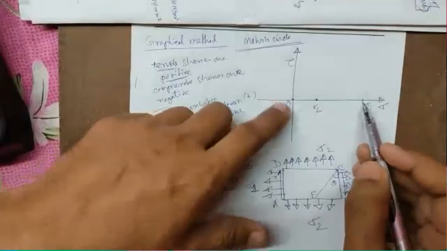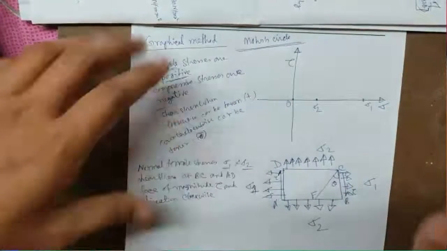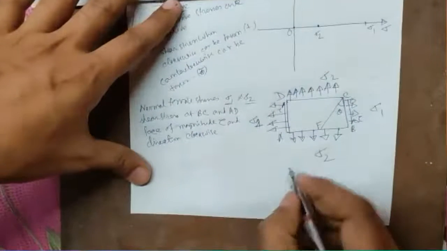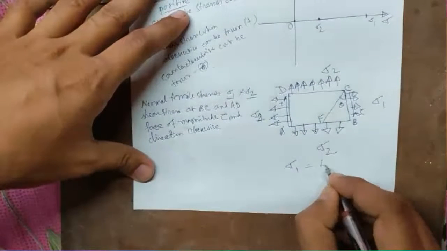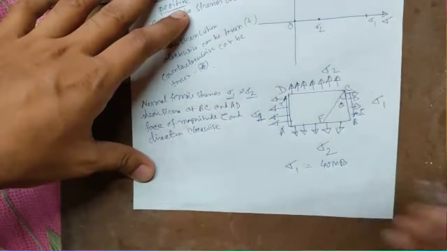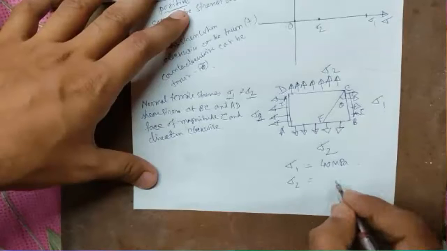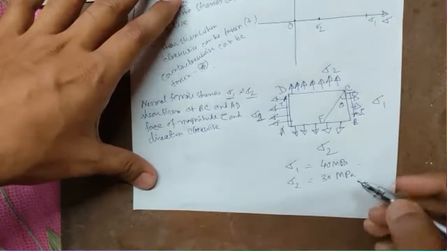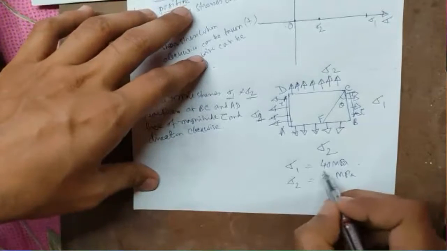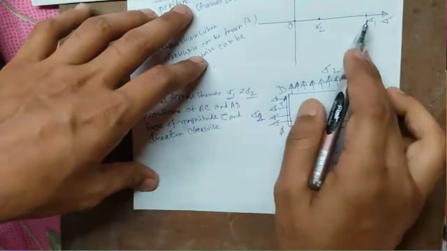Now, how will we draw this section? Suppose in the question it is given sigma 1 is equal to, say, 40 MPa, and sigma 2 is equal to 30 MPa. In such a case, how can we show this 40 MPa in this graph?